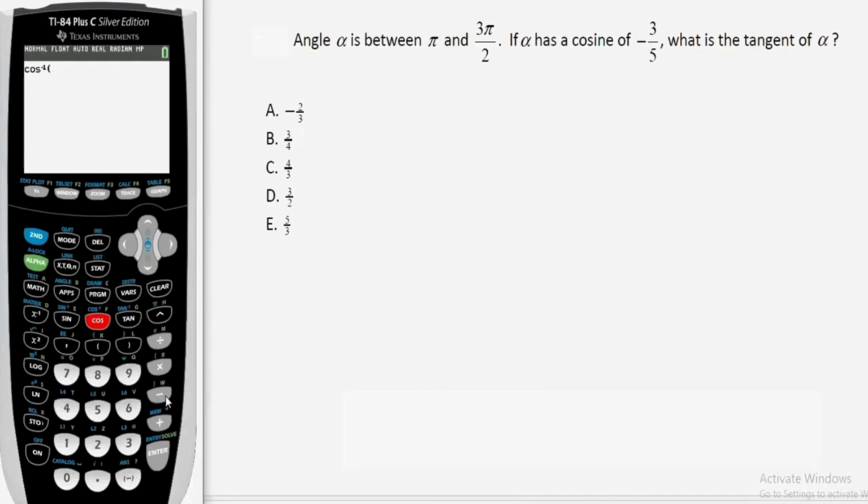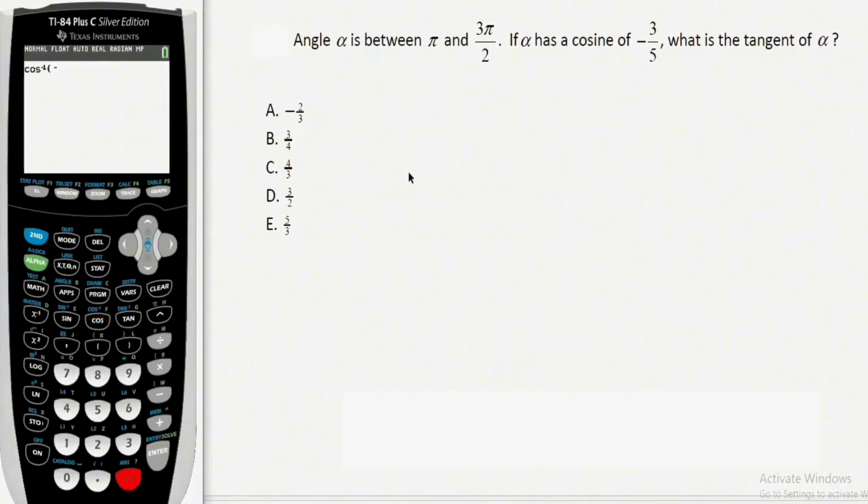If you use this negative sign button, you are going to get the wrong output. In fact, you're going to have a syntax error. So don't use this negative sign button for this calculator at this juncture. The right negative sign button to use is this one below. So press this negative sign.